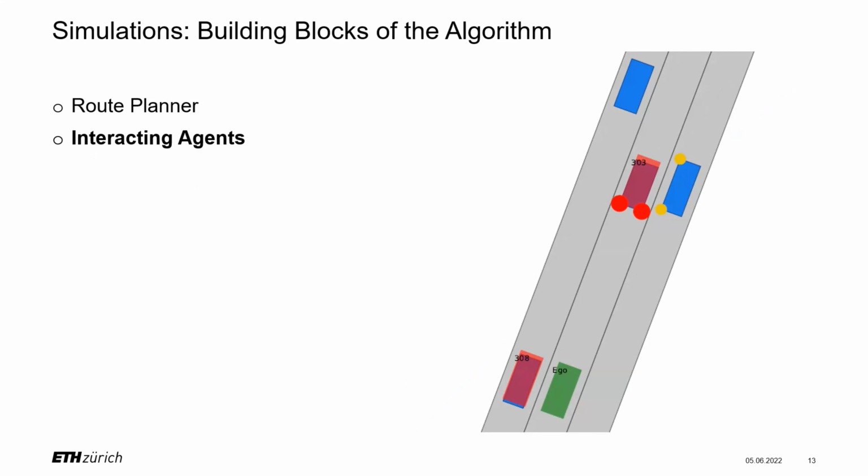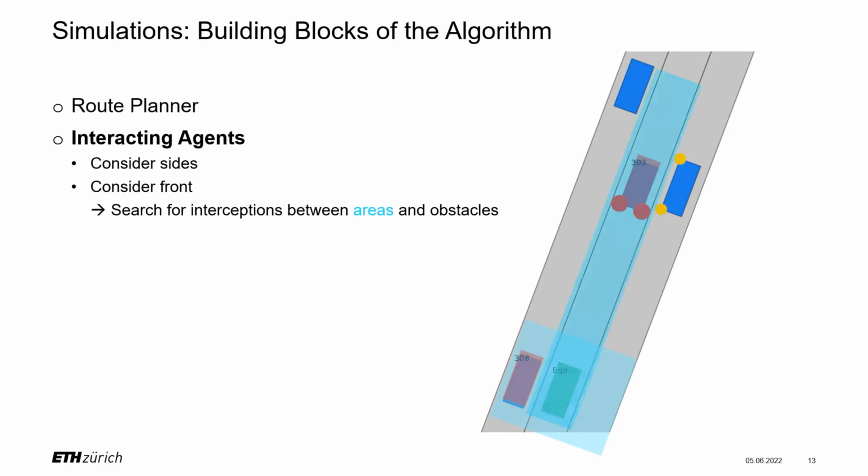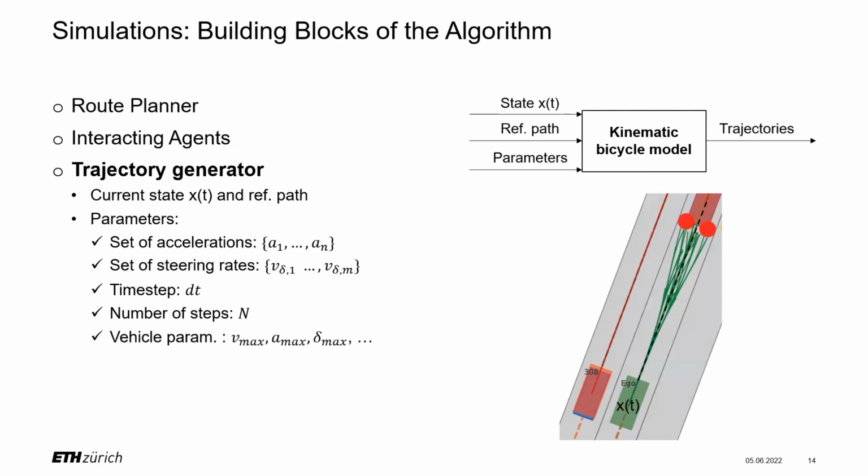We cannot just select all the players in the scenario, but we limit ourselves to the players in the surroundings. So here we construct a rectangle around the ego and look at which players are inside, and a rectangle in front and look at which players are in front.